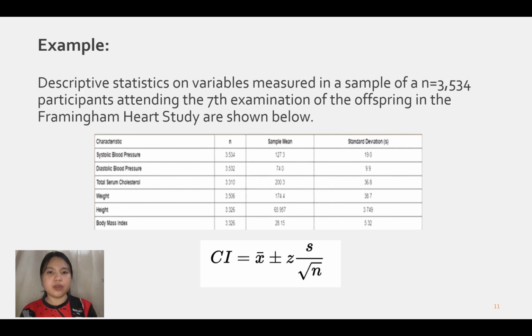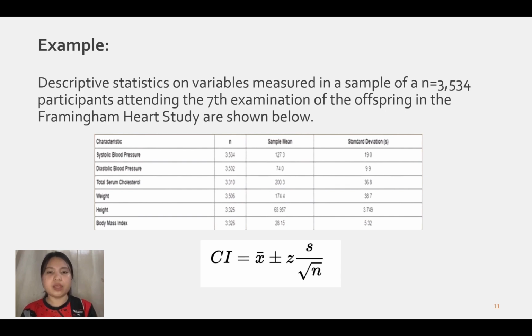So, next, for a better understanding of this lesson, we have a sample problem. Described are statistics on values measured in a sample of n equals 3,534 participants attending the 7th examination of the offspring in the Framingham Heart Study.